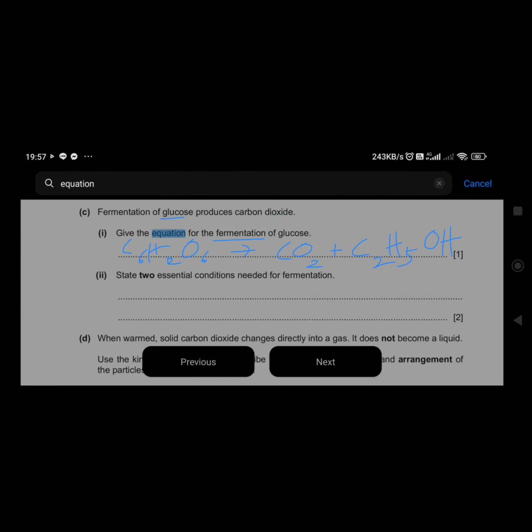Okay, let's see. This is 12, right? And put this here, that's 2 here. Put 4 oxygen. Oxygen atoms will be too much, right? Yeah. So you need to put it here.